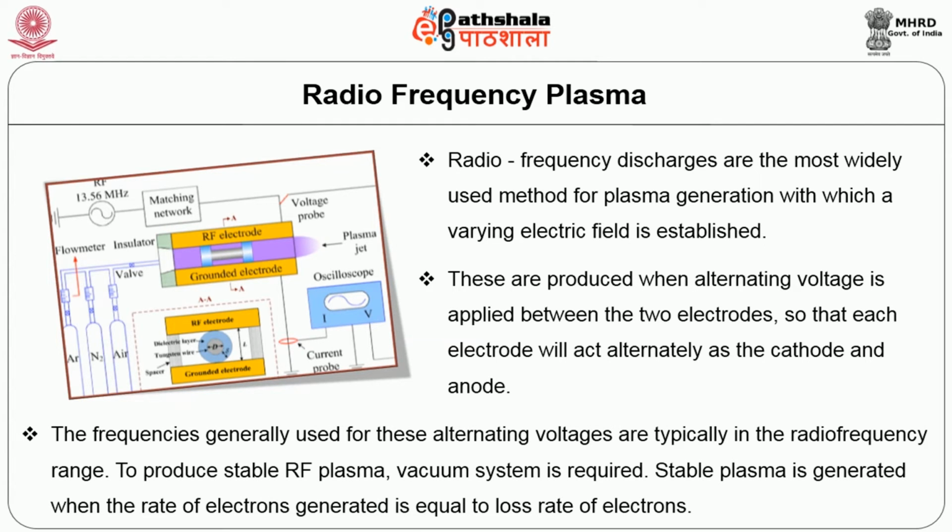The frequency generally used for these alternating voltages is typically in the radio frequency range, that is 1 kHz to 10^3 MHz, with the most common value of 13.56 MHz. To produce a stable RF plasma, a vacuum system is required. Stable plasma is generated when the rate of electrons generated is equal to the loss rate of electrons.